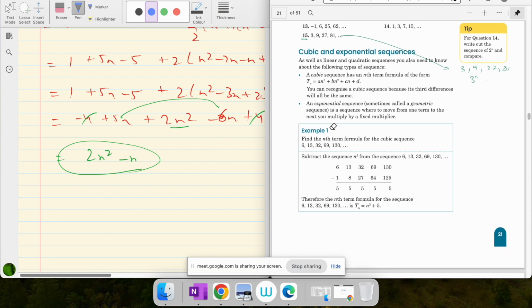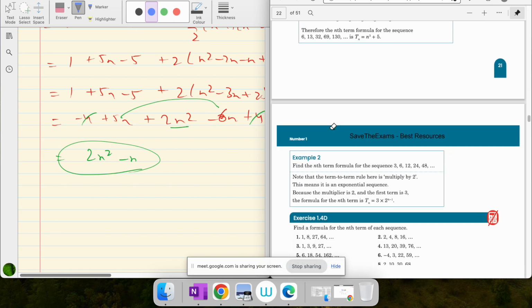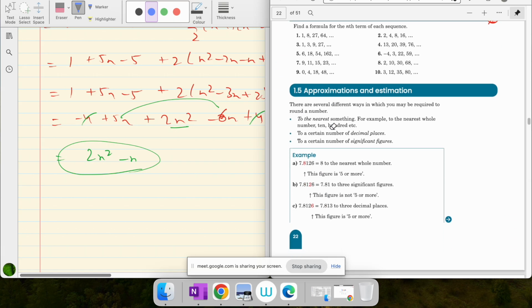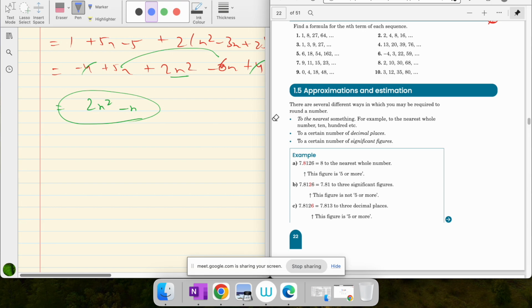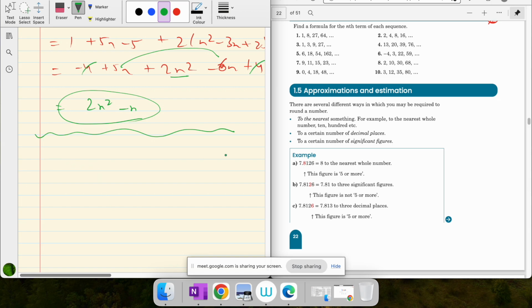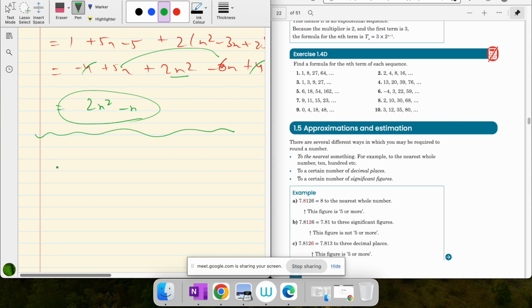Now next is cubic and exponential sequences. Now there's no general formula. We just have to think through the sequence. Exercise 1.4D, question number 1.